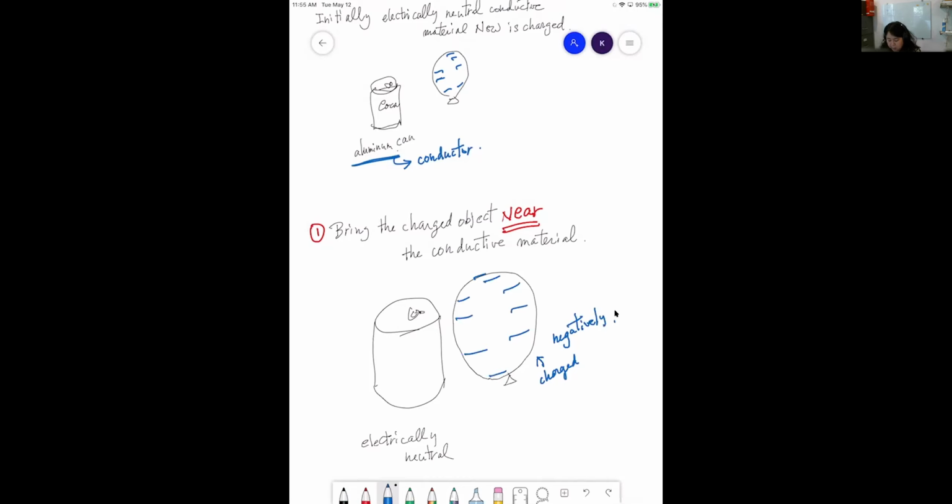Yes, the can is electrically neutral, but it doesn't mean they don't have protons and electrons. They have the same number of electrons and protons. When the negatively charged balloon comes closer and the can is made of metal, metal has free electrons. Electrons can move around freely.